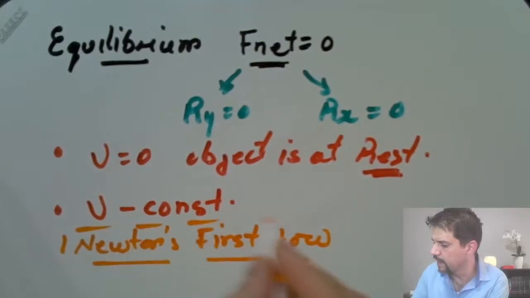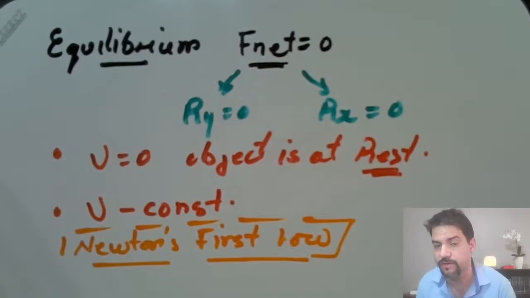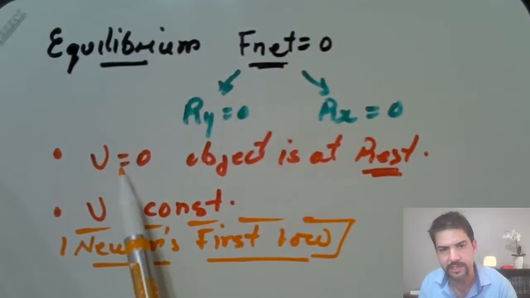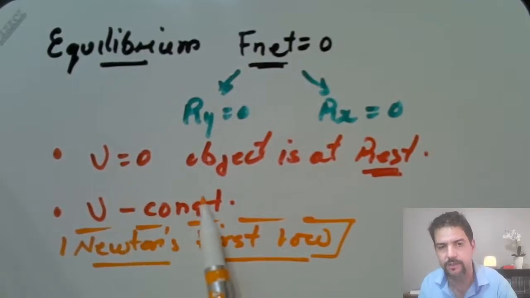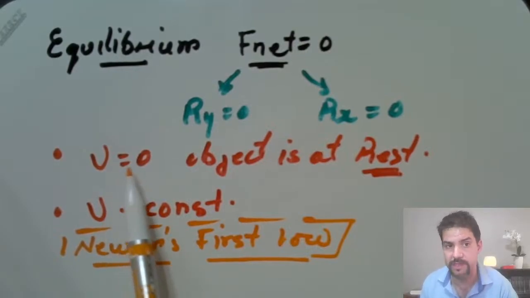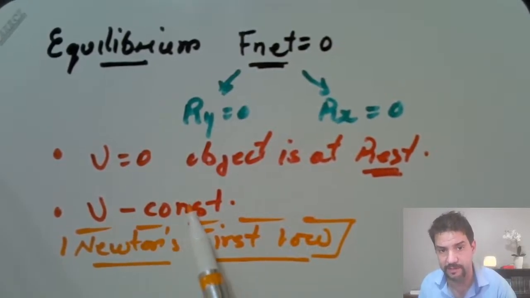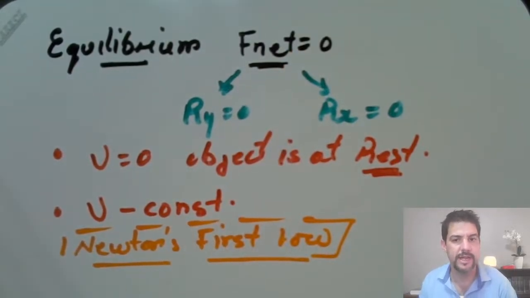You will learn eventually the right way of stating Newton's first law, but in other words, it says that if the net force is equal to 0, the object is going to be at rest, or not moving, or is going to be moving at constant velocity. In other words, saying it from back to front, if the velocity of an object is equal to 0, or the velocity is constant, it means that the net force is equal to 0. There was no net force.